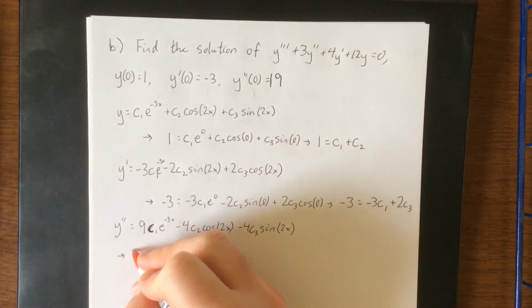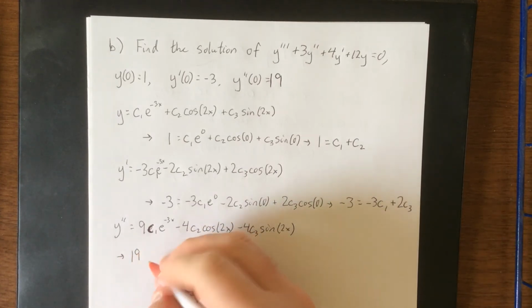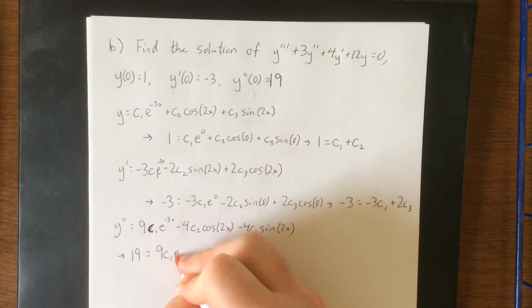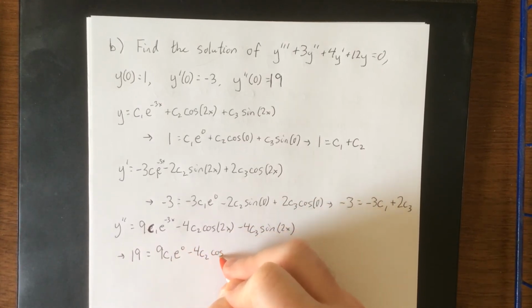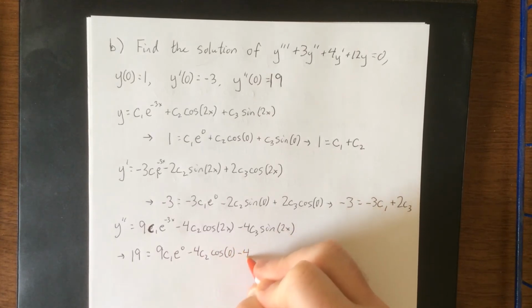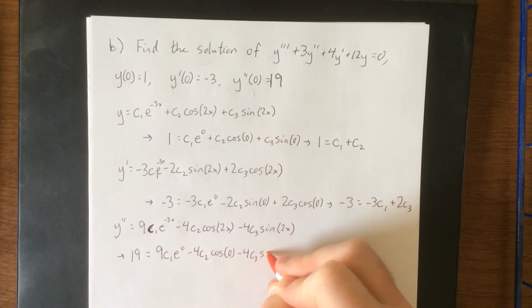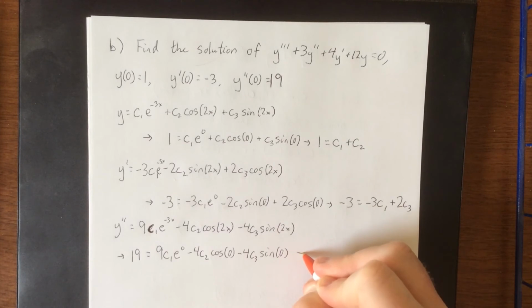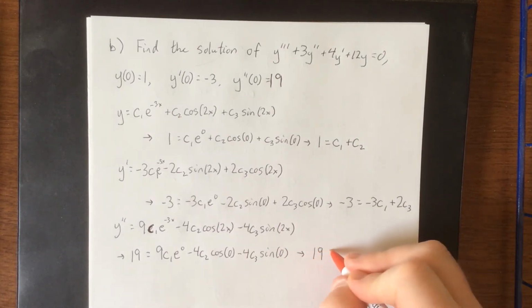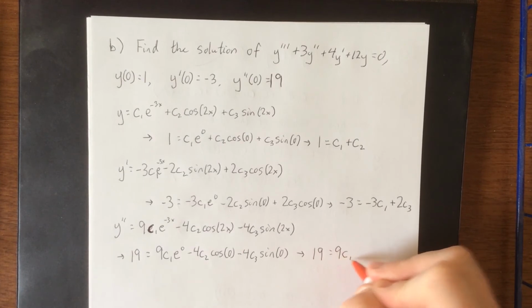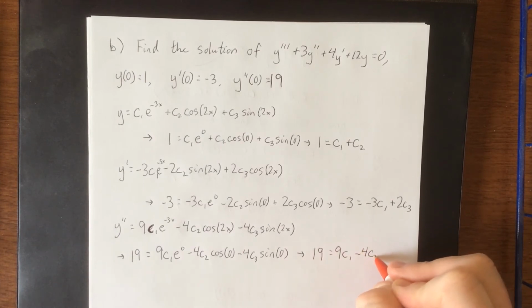I'll make sure we have enough space for this. So this will be 19 is equal to 9c1 e to the 0 minus 4c2 cosine of 0 minus 4c3 sine of 0, which is a fancy way of saying that 19 is equal to 9c1 minus 4c2.